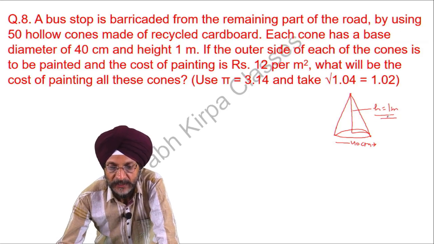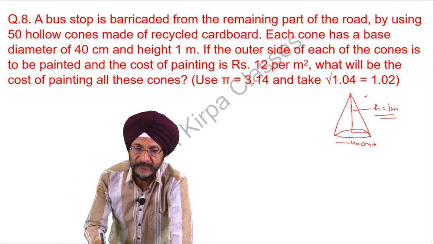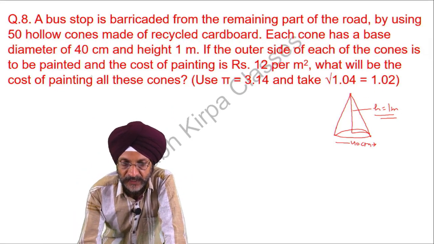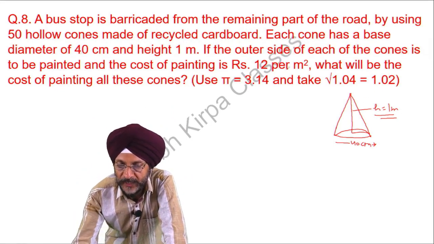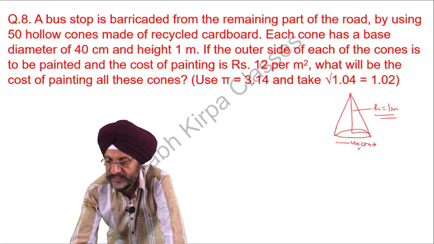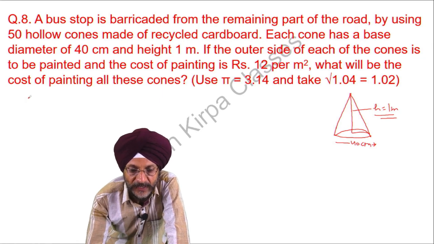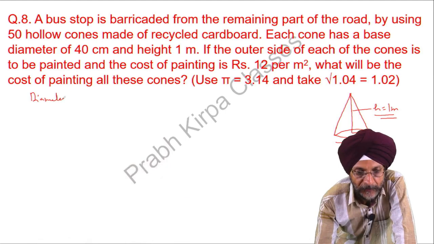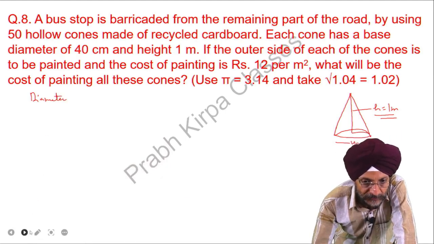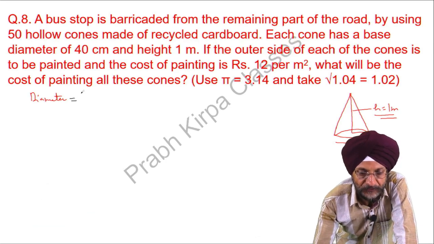You will see that the height has been given in meters, whereas the diameter has been given in centimeters, and all the other values are also in meters. So we will change this value into meters. We will first write the value of diameter, 40 centimeter.